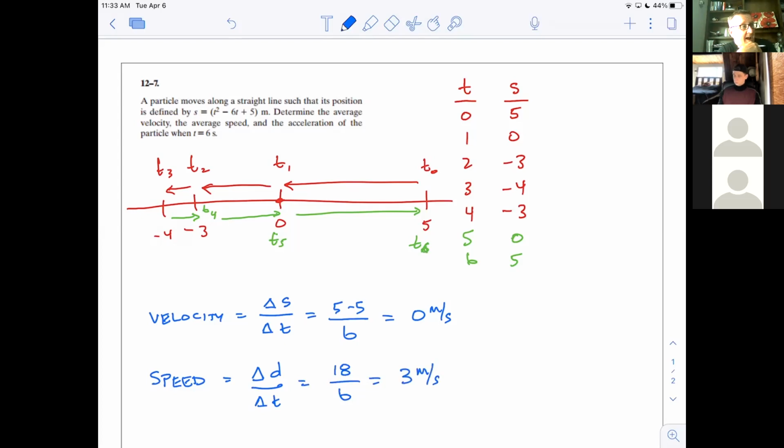Notice also it said the average velocity and the average speed. It didn't say the speed at 6 seconds. It's the average speed. So that's why I didn't need a formula to figure that out. So that's kind of tricky. There is a difference between speed and velocity, kind of a technicality, if you will.